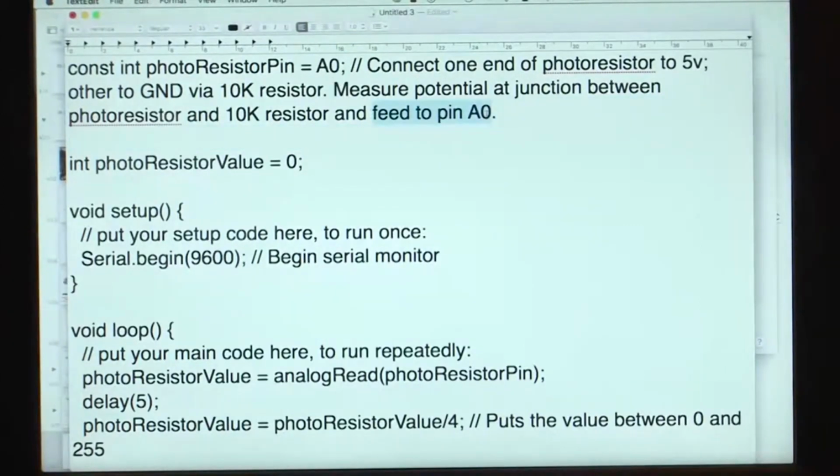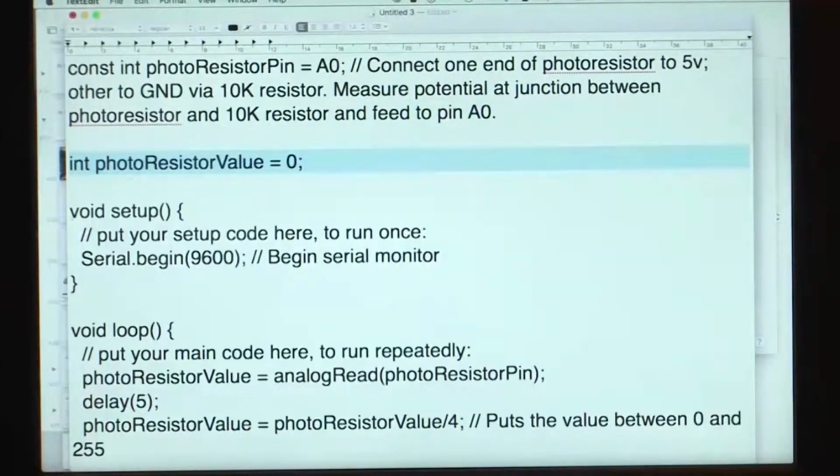That is why we have const int photoresistorPin is A0. A0 measures the analog input. We have set this variable photoresistorValue, given it an integer value, and set it to 0.